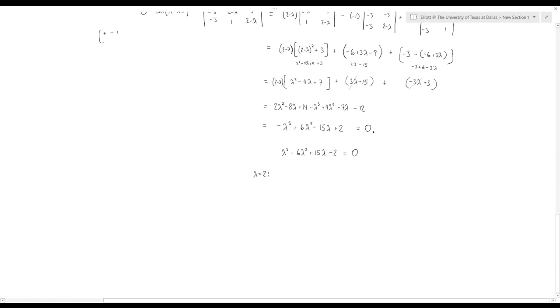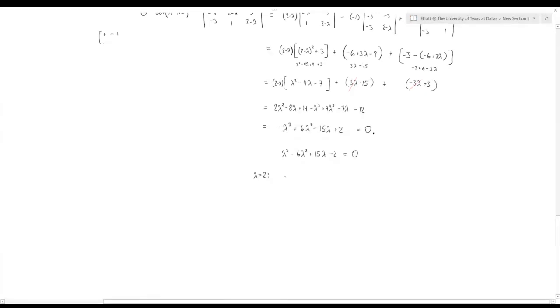I can talk a little bit more about that, but for now, I think if you plug in 2 for lambda, everything will zero out. So 2 would be a root of this. Let's confirm that by plugging in 2 for lambda.